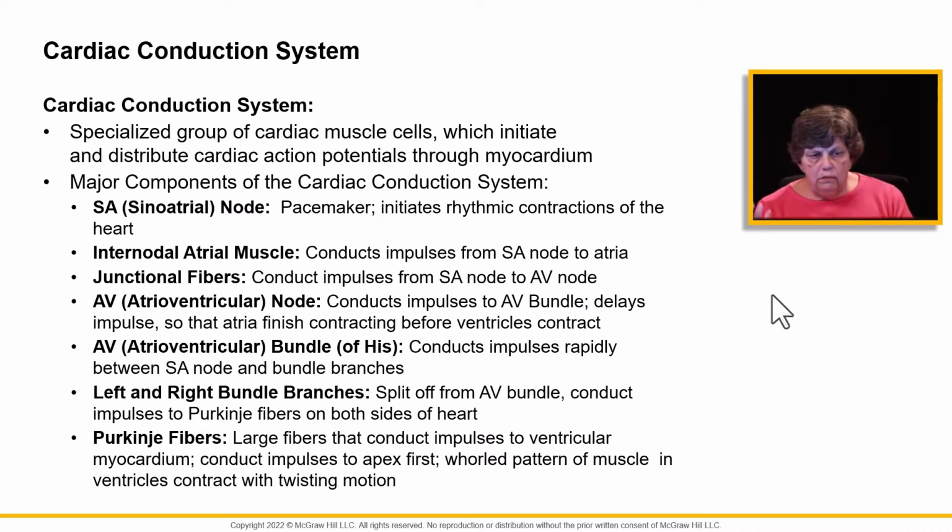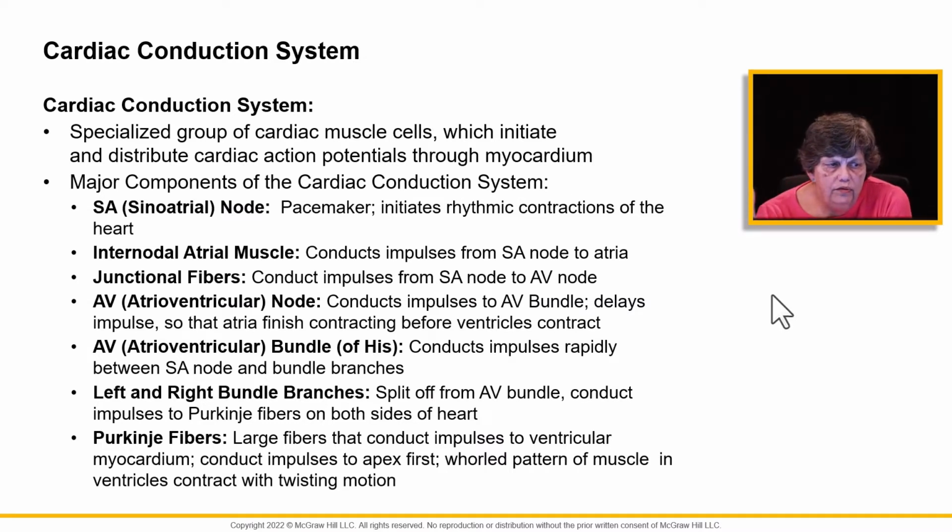Then it moves from the SA node down to the AV, or atrioventricular, node. And then that will be conducted to the atrioventricular bundle of His. And then it will go down the bundle branches and the Purkinje fibers. But bottom line, you're basically sequencing this through the heart.